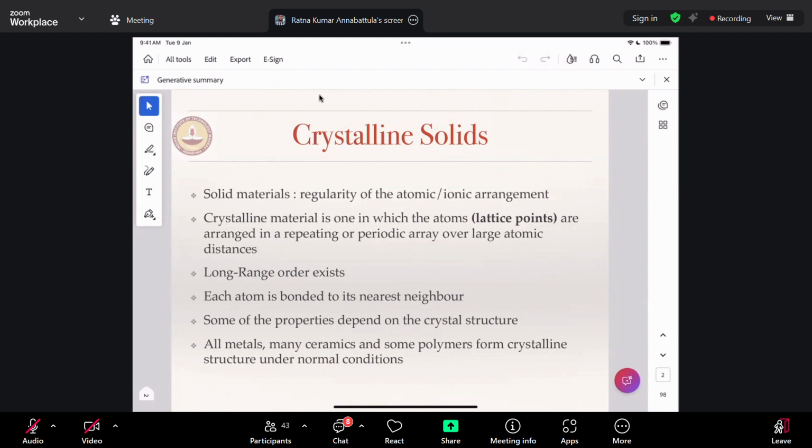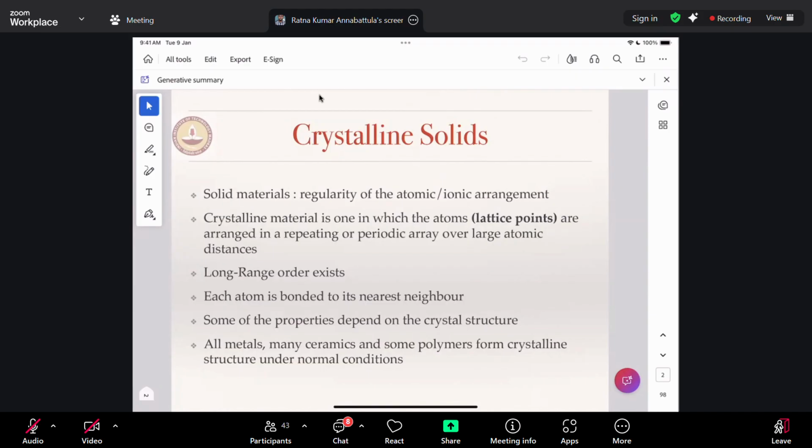Solids are materials which have some regularity of the atomic arrangement, and a crystalline material is one in which the atoms are arranged in a repeating or periodic order over a long range. What do we mean by this long range order? In a crystalline solid, the most important thing is that the atoms should be arranged in an orderly manner.